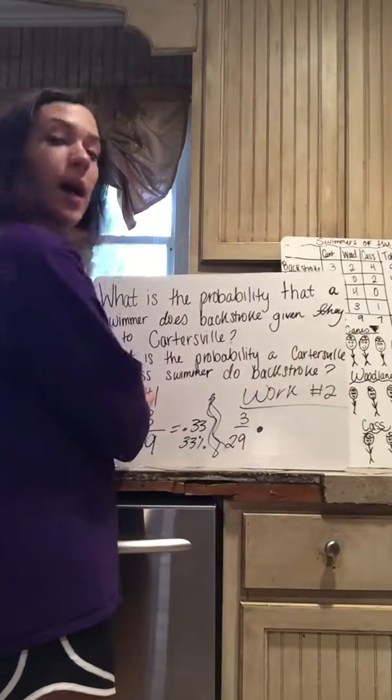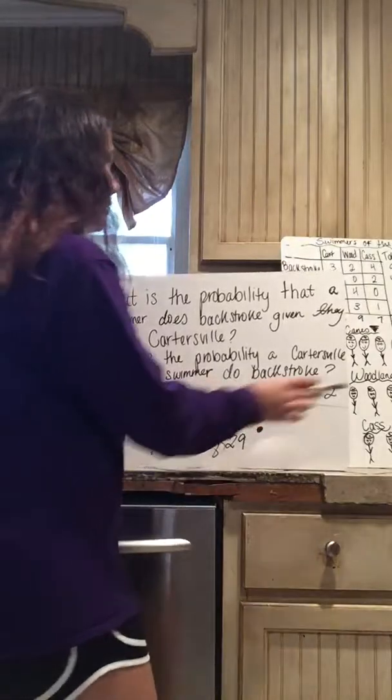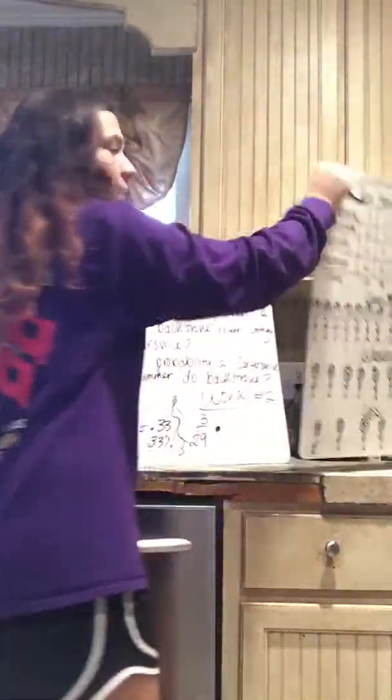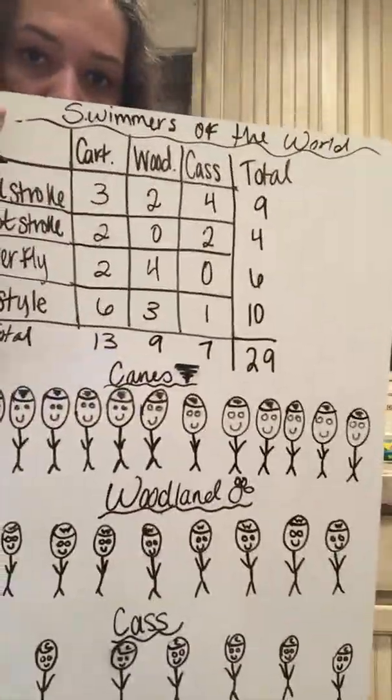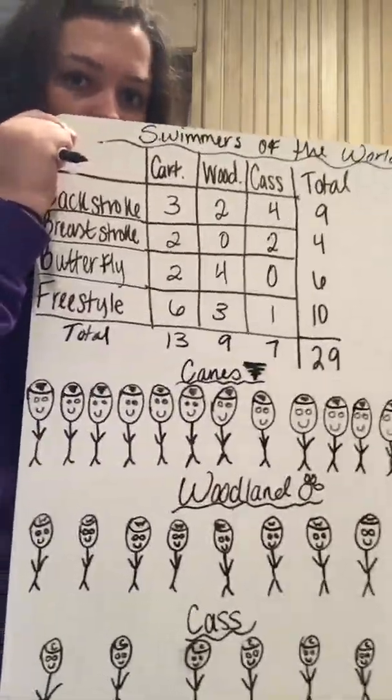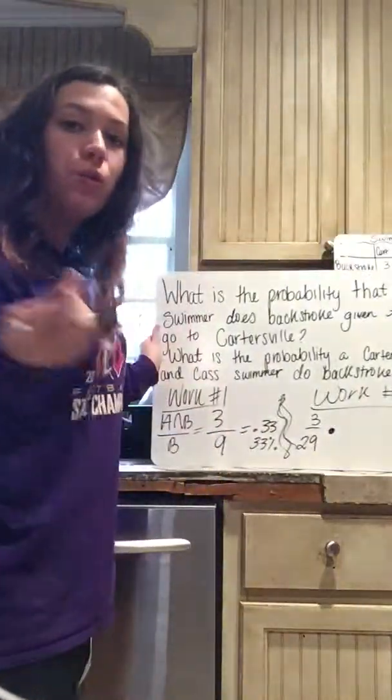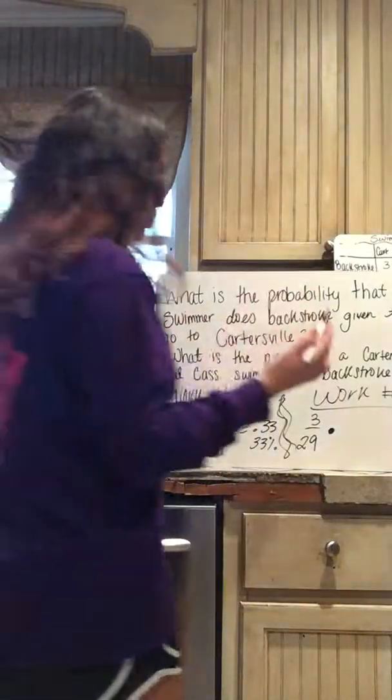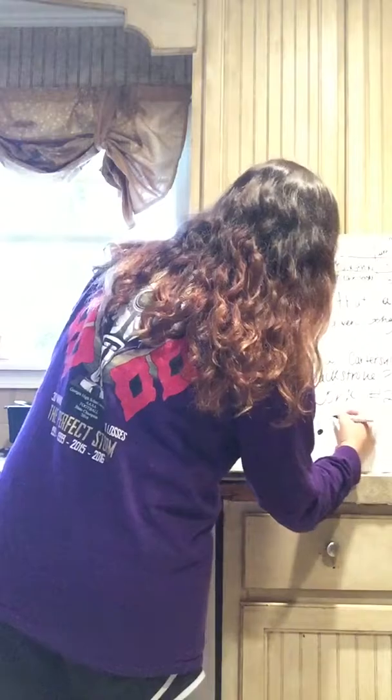Then it says a Cass swimmer, so we're going to look at Cass, and the amount of Cass people that do backstroke is 4, as you can see in the first one. And the total would still be 29, so we keep the same denominator, but change the top to 4.